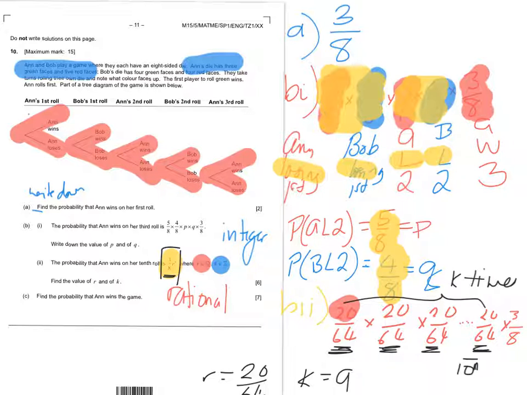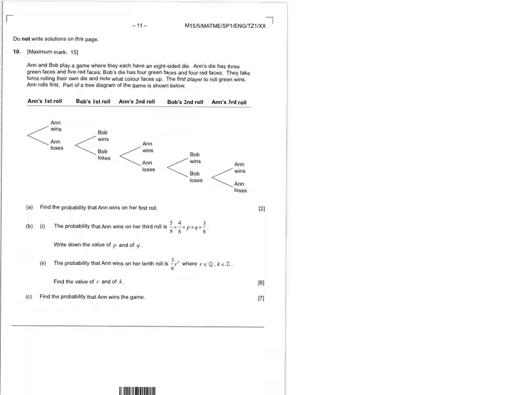And that comes to the forefront in part C. If you don't spot that we're dealing with a geometric series, finding the probability that Anne wins the game is tougher. But spot that, then you can just use your knowledge about geometric series and say, well, what's going on here?